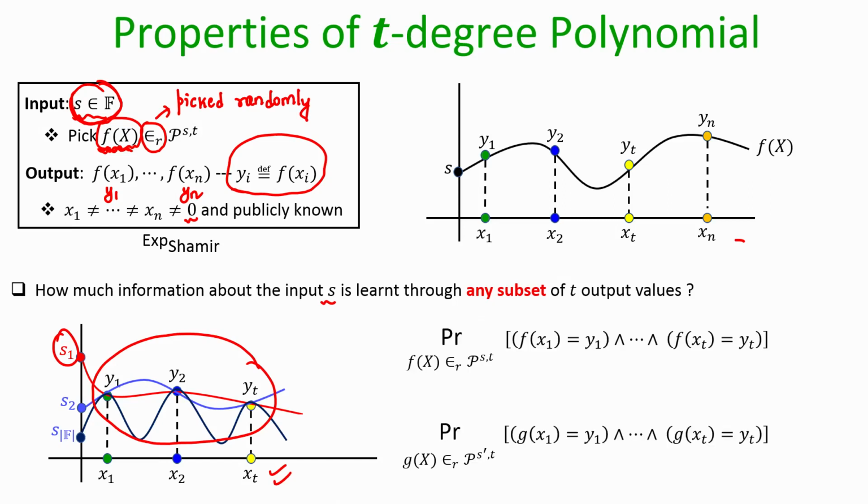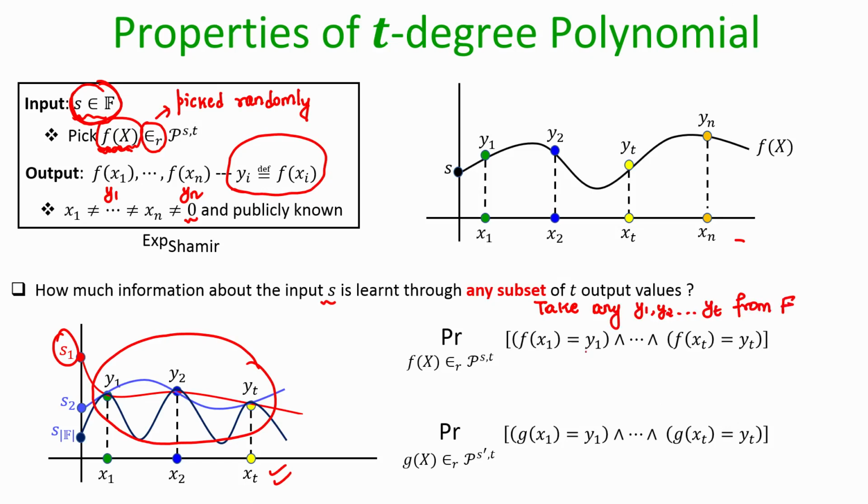More formally, what we can prove here is the following. Take any y1, y2 up to yt from the field.